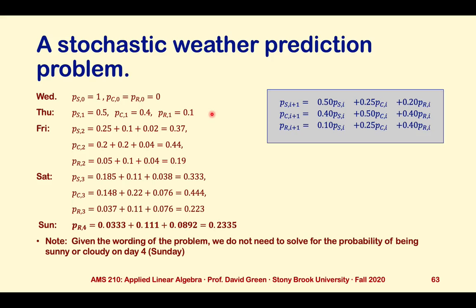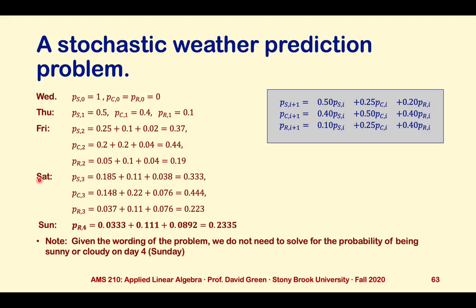These have to add to 1 because, again, the probability that there is some weather is always 100%. Double checking our numbers for day 2, for Friday, 0.37 plus 0.44 is 0.81, plus 0.19 is indeed 1. Everything is consistent there.